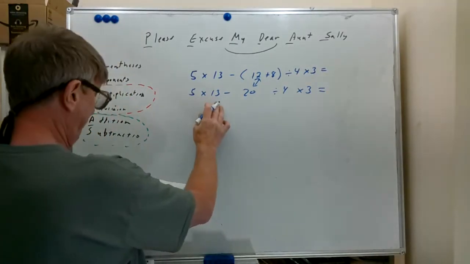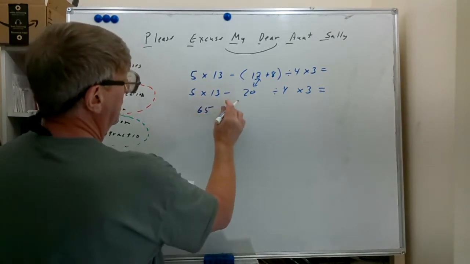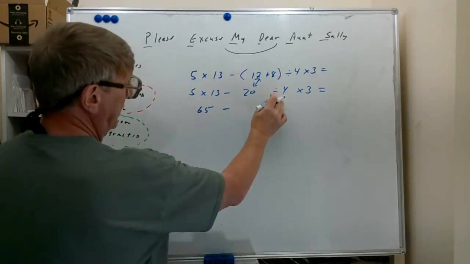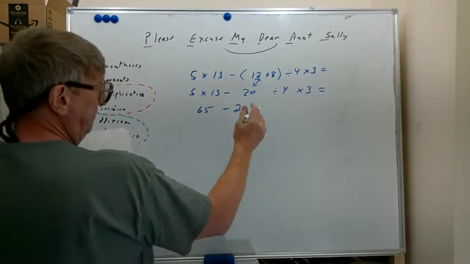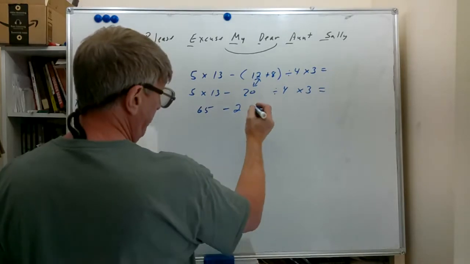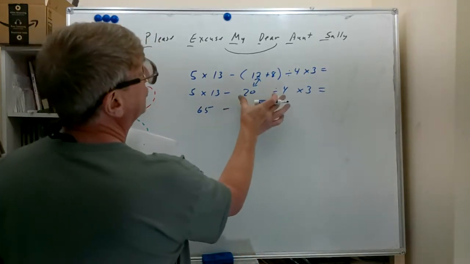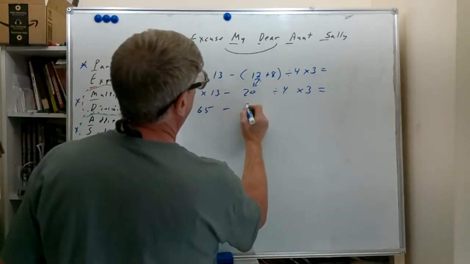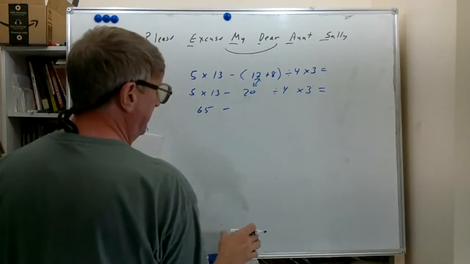5 times 13, well that is 65. We don't want to do subtraction because we have division to do. So we're going to do the division next. We leave the subtraction alone, we have a 20 divided by 4, so that becomes 5. I think I want to do these just one step at a time.